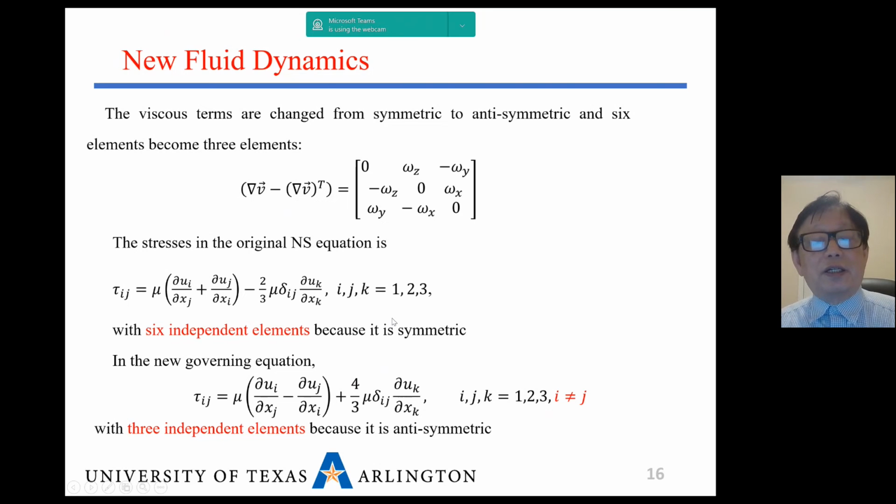The difference is that in the new governing equations this term only has 3 terms, where i is not equal to j. We don't need to use that term. But the original Navier-Stokes equations have 6 independent elements because they are symmetric.